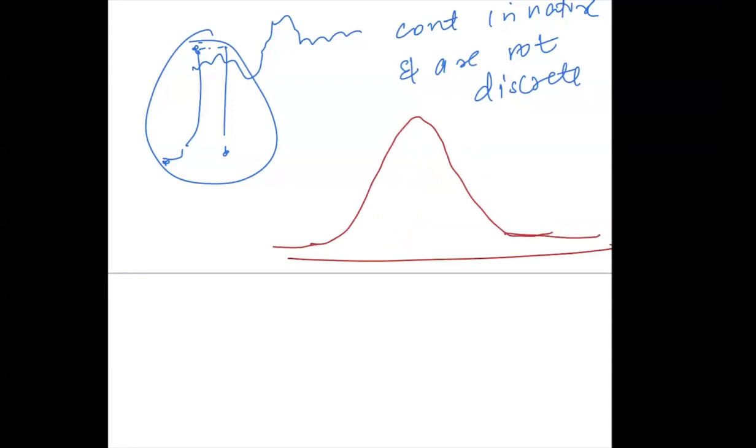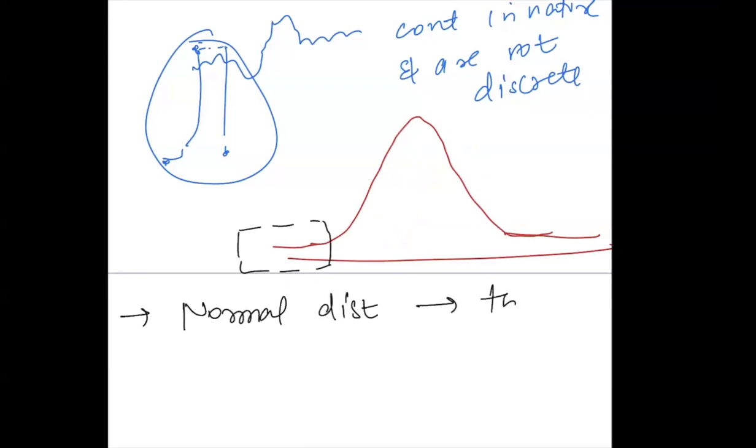Now, if you see the tails here, we say that the normal distribution has thin tails. It goes very close to the axis, but does not reach 0.